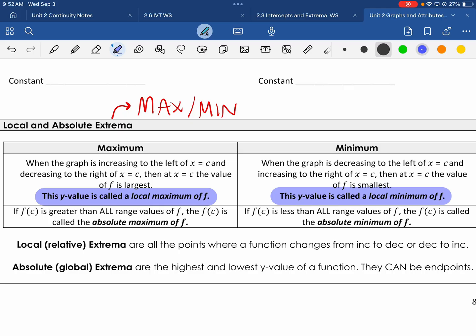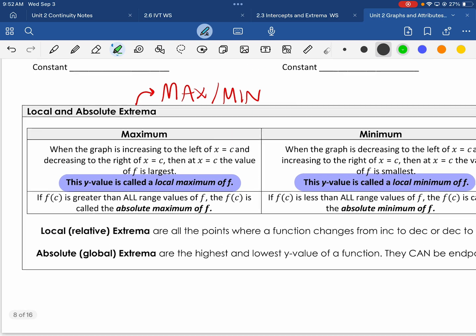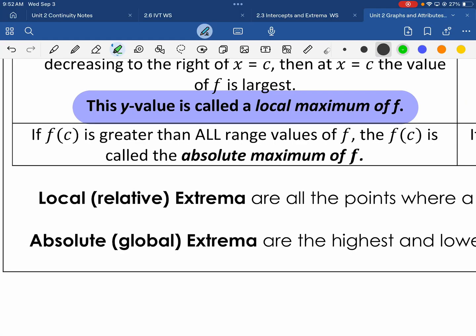All right, so you have maxes and you have mins, very highest, very lowest. And we've got two different kinds of extrema. We have absolute and we have relative. The absolute extrema is the very highest point. The relative are all the humps and the valleys.